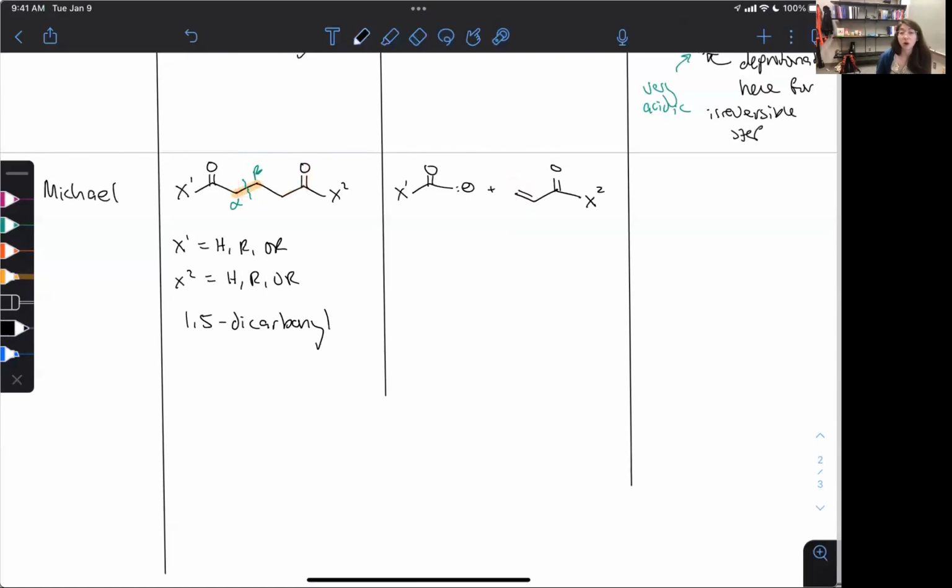All right, so we're going to end up adding to this carbon and then getting to that final 1,5 dicarbonyl. It's a tricky one, this guy. So I'm just going to go ahead and number this out so that you can see how we count the 1,5. We're numbering from the carbonyl to the carbonyl. Okay, so 1, 5.